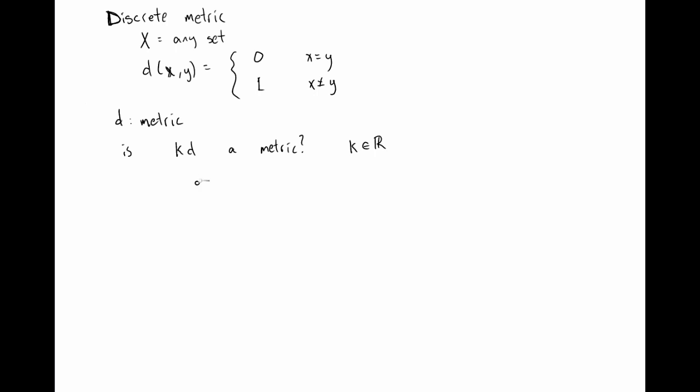Our first one: our function takes two elements of our space and sends it to the real numbers. So immediately, with regards to this axiom, K must be greater than or equal to 0. So we have one condition here.